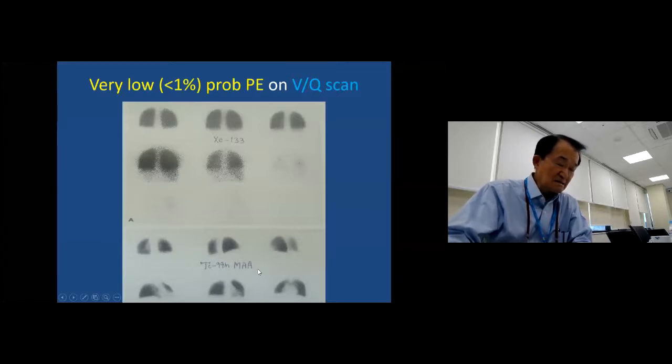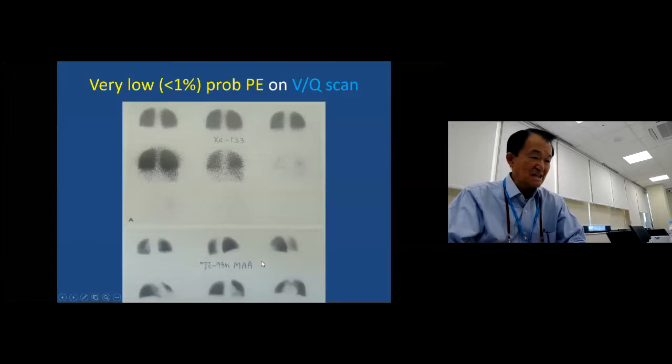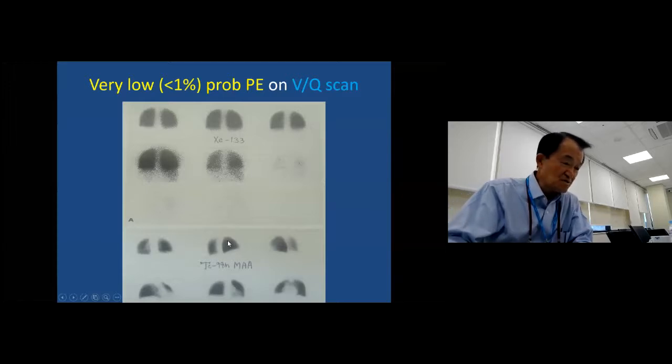MAA particles are 10 to 100 micron. They will block 1 out of usually 1,500 terminal arterioles, not the capillary. So that's why it's so safe. It shows uniform activity, outlining good margin. This is called the stripe sign, good margin, in the oblique, posterior, inferior views.